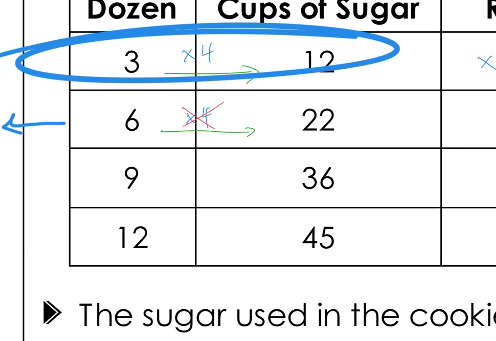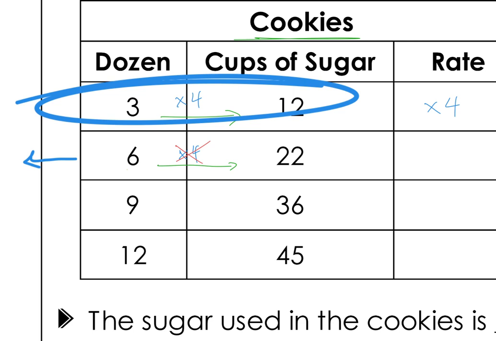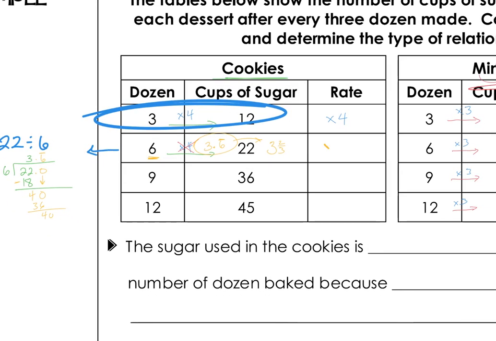So what just happened is to get 6 dozen cookies, you need to multiply that by 3.6. If you don't like this as a decimal, that is 3 2/3, just so you know. So that means this is non-proportional because our rate does not stay the same. Okay? Non-proportional.